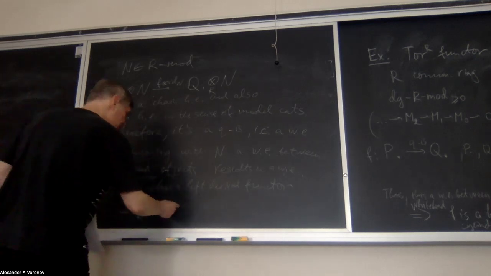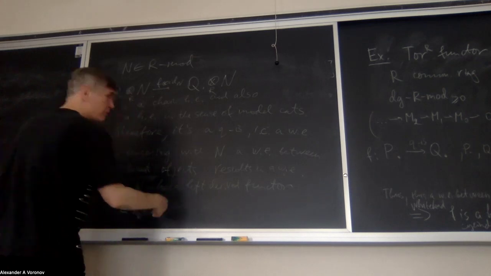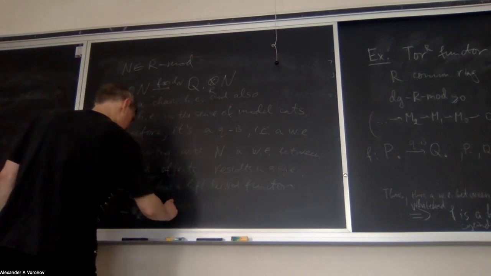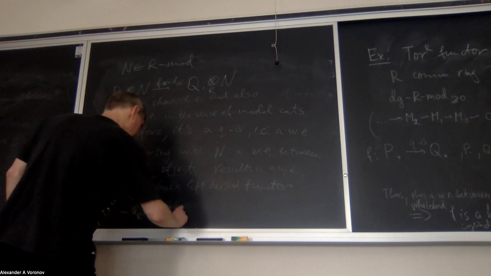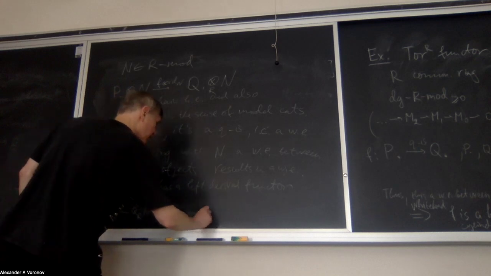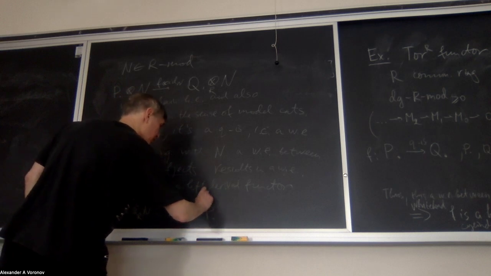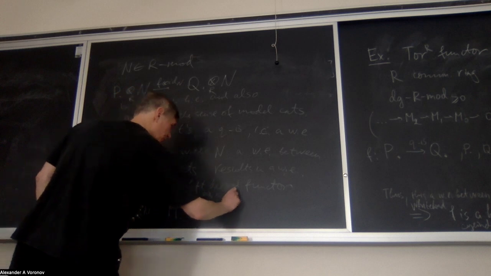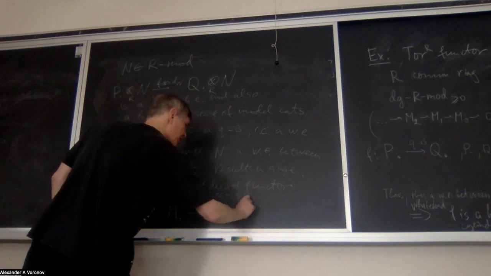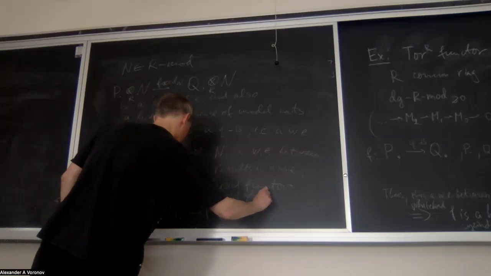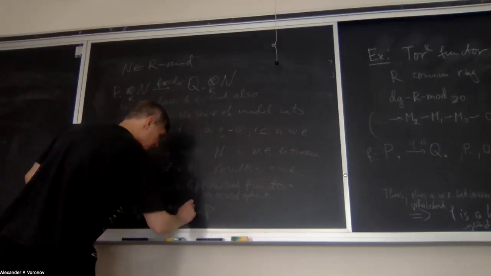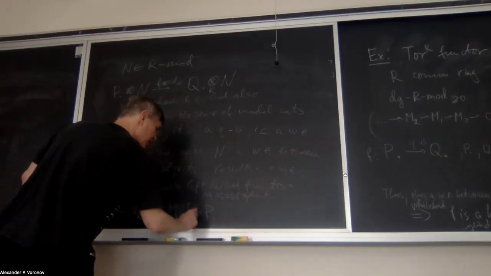And as usual, we take a cofibrant replacement of a complex. So for M, first you take a projective resolution, also known as a cofibrant replacement. And this will be a quasi-isomorphism.